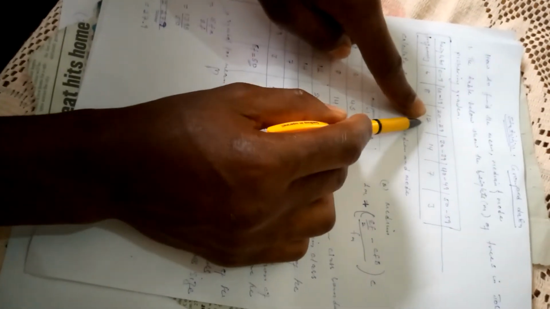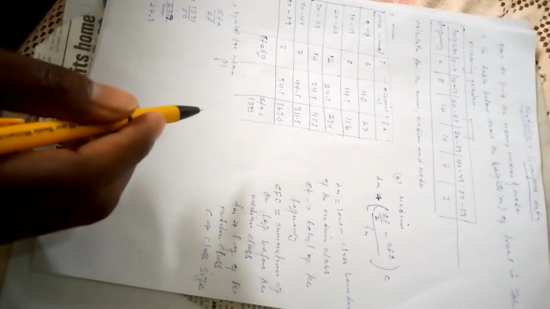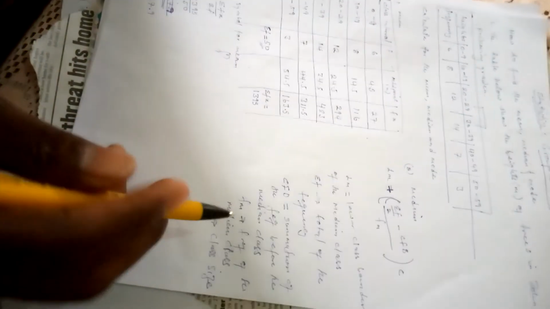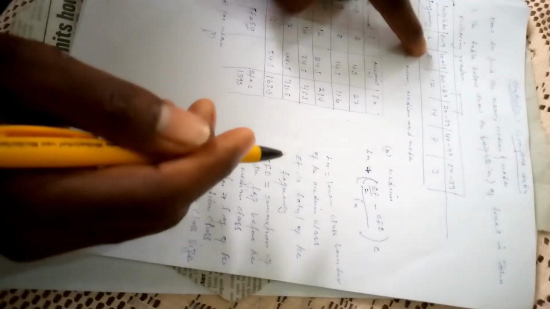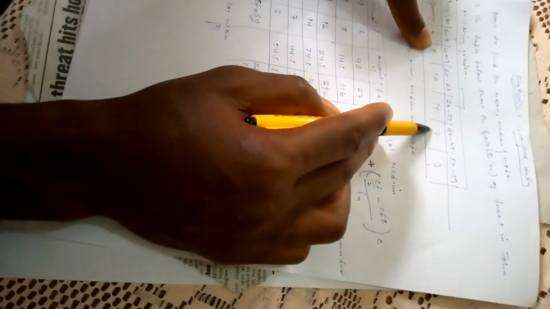So we will take the midpoint, because if you add here, you have 14. If you add here, that's 10. You add, you have 24.